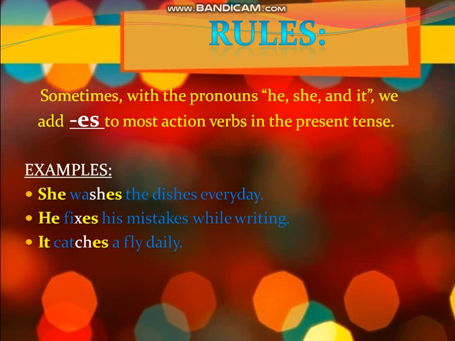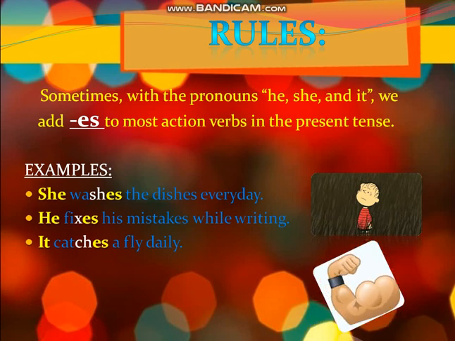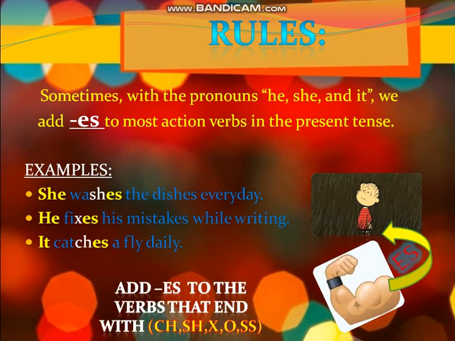Let's check. When I'm lonely also, when I need support, help, I have to add something to the verb to make me feel stronger. Okay, so I'm gonna add es. But when do we add es? Add es to the action verbs that end with ch, sh, x, o, or double s.